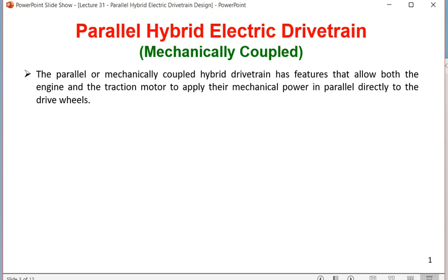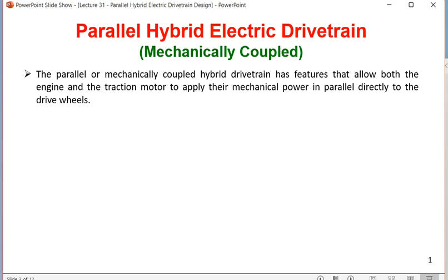In the case of the series hybrid electric drivetrain, we had seen that first the fuel energy is converted to mechanical energy by the engine, then the mechanical energy was converted to electrical energy. That was one source. Then there was a battery, which was connected to a DC to DC converter, and that was also giving electrical energy to the same bus.